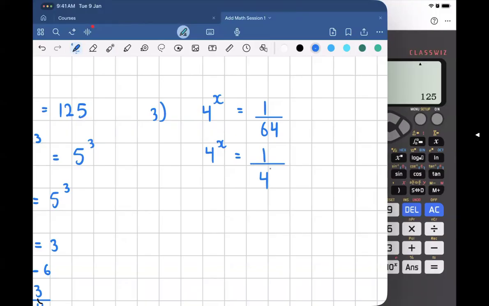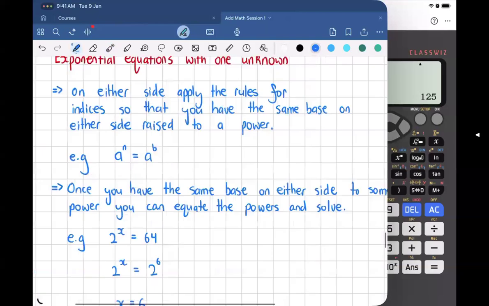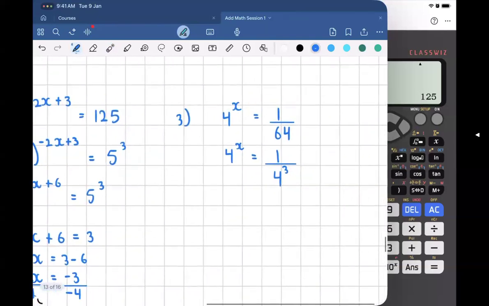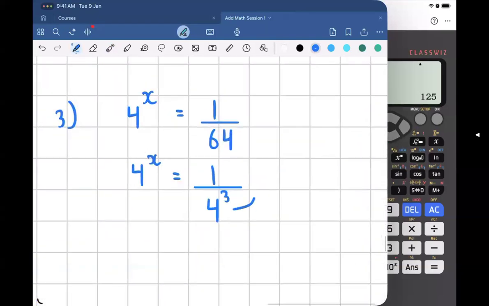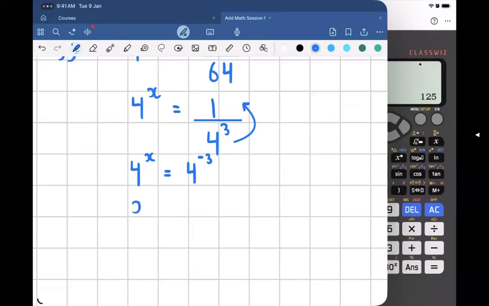Now, I want everything to be in this form, so I shouldn't have any fractions. So I would take the 4 to the power 3 and bring it up. But if I change the position of where it is, what will happen to the sign? It's also negative. Right, so we'll get 4 to the power x is equal to 4 to the power negative 3. You drop the powers, and so x is simply equal to minus 3. Bam.